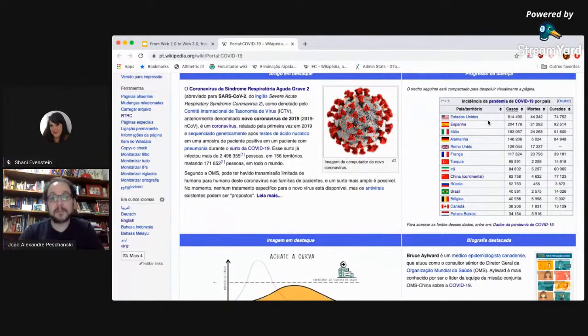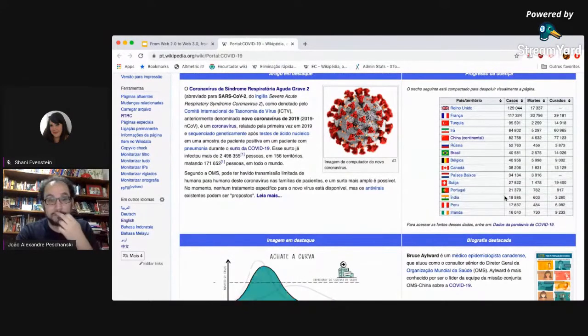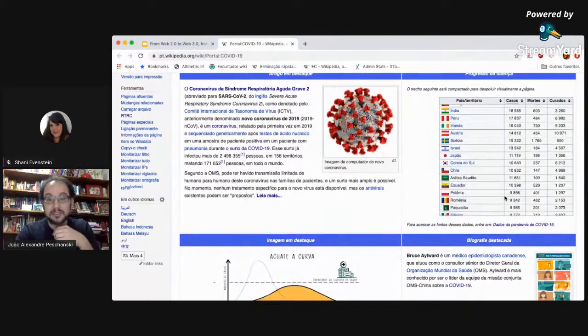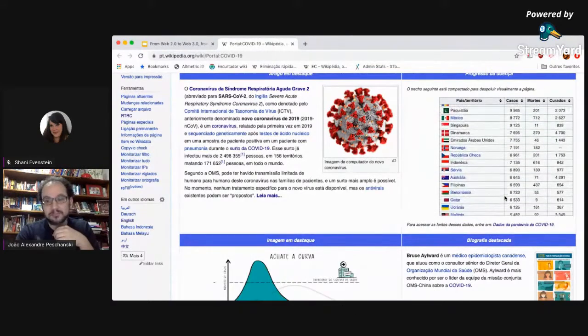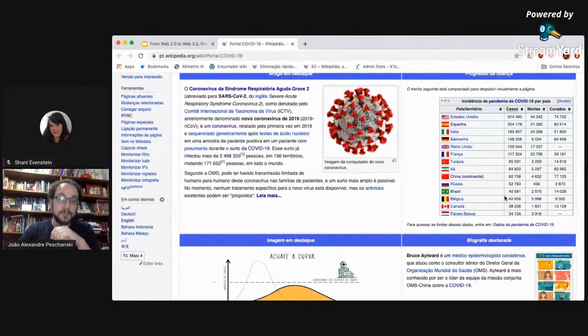We can actually bring this curated information to all Wikipedias. And this particular table that shows how the COVID-19 pandemic is impacting basically all the countries in the world is probably the best source on the internet about what's happening in the world around this pandemic.